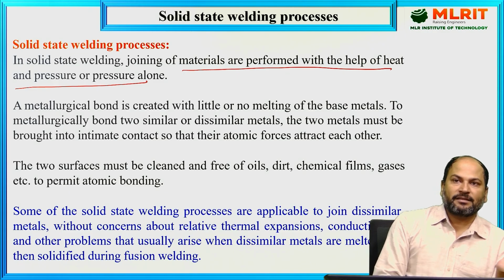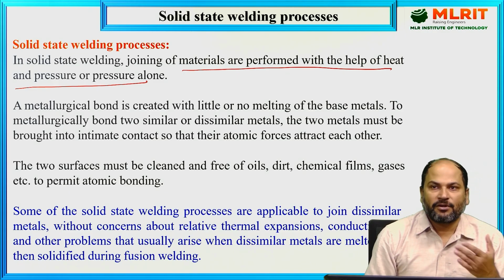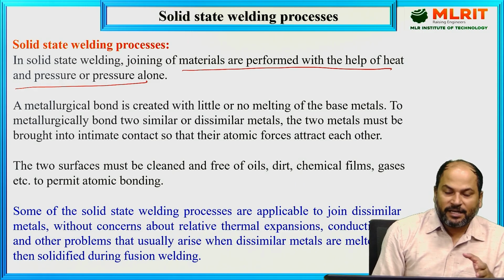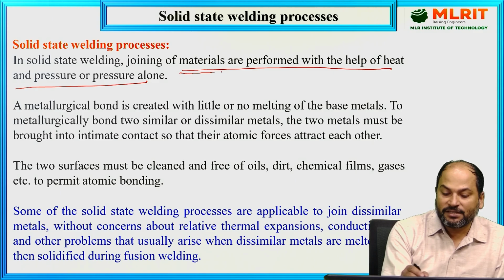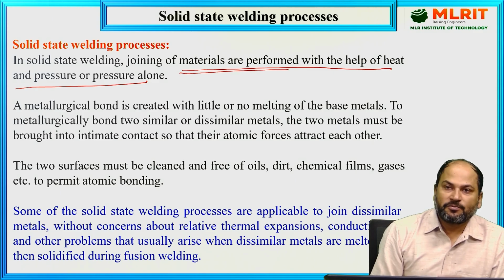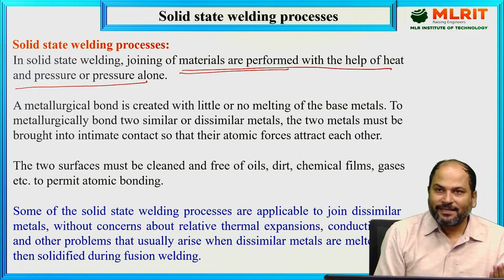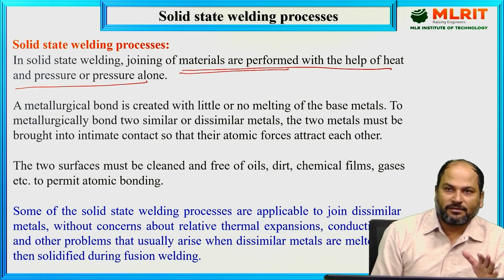If you apply heat, they will weld; if you do not apply heat, they will still weld, only because of the pressure. So solid state welding is possible either by heat and pressure combined, or only heat, or only pressure. We can weld the material together.